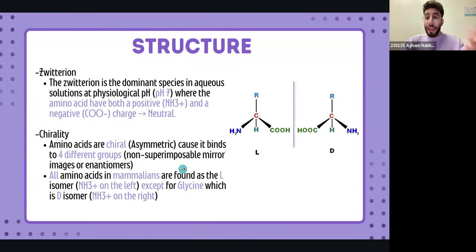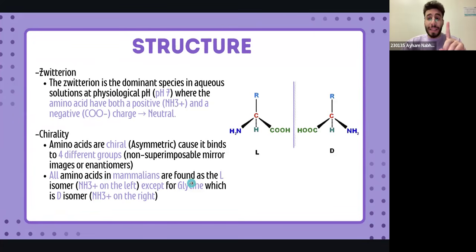Okay. And in nature, in mammals, all of the amino acids are found in the L isomer. What does L mean? L means it's basically left, okay? What does left mean? Left means that the amino group is going to be on the left of the 3D mirror of this amino acid.